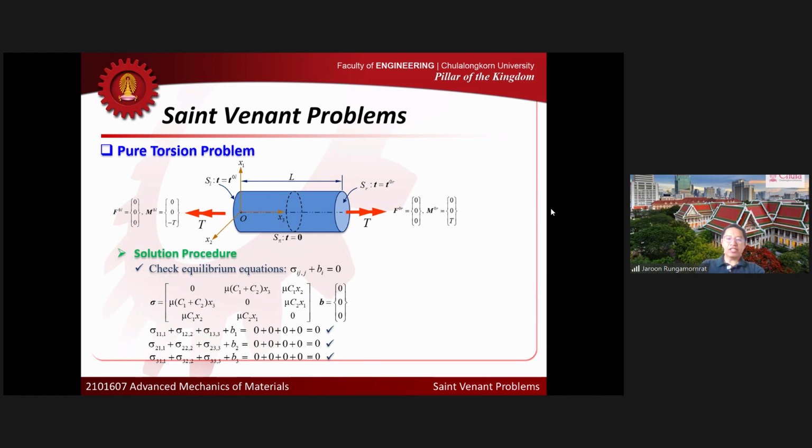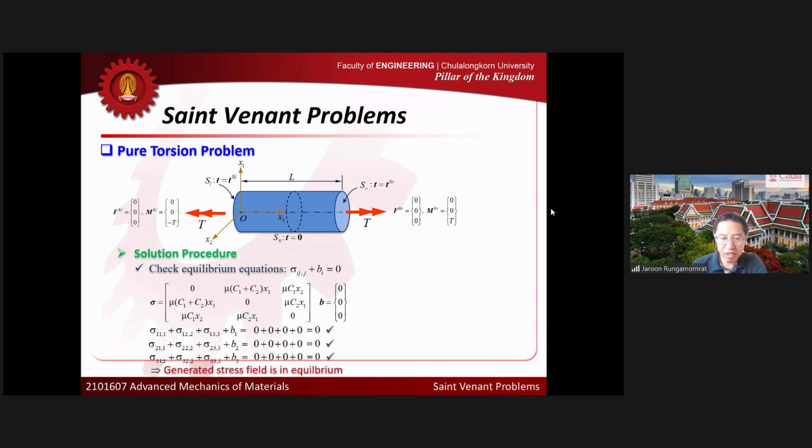It means that the displacement field that I guessed, once you generate strain and stress, all fields that you have here satisfy all governing equations. So now I don't need to worry about the governing equations for points inside the body. We checked it already.